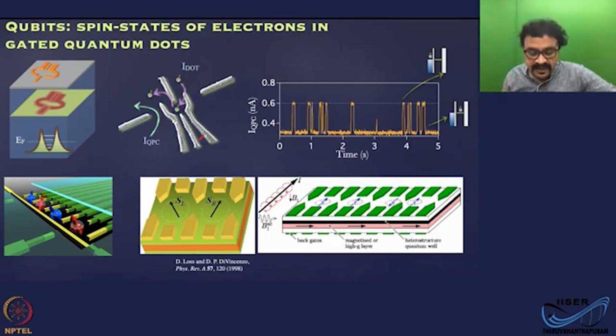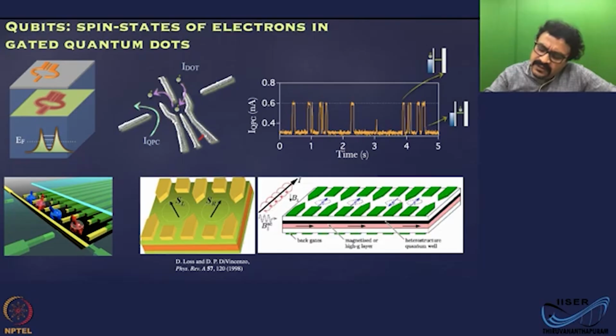That is the idea. And this is an artistic view of how this architecture is going to look. You have an array of trapped electrons, and you have readout devices such as a quantum point contact for each of these. Okay, so that is the idea. This is proposed by Loss and DiVincenzo.